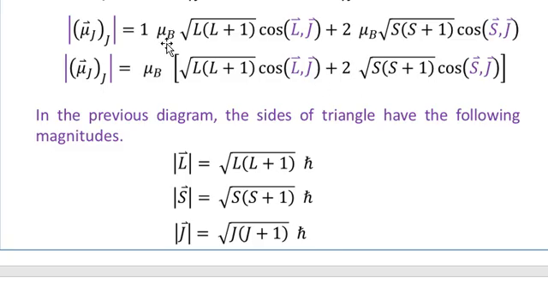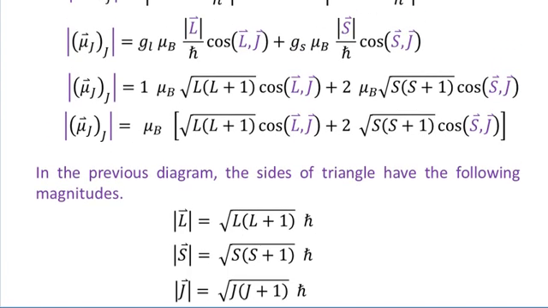You can find that I have also substituted the values of G over there. For example, the value of GL is equal to 1 and the value of GS is equal to 2. And I have substituted the value of mod of capital L and mod of capital S over here.